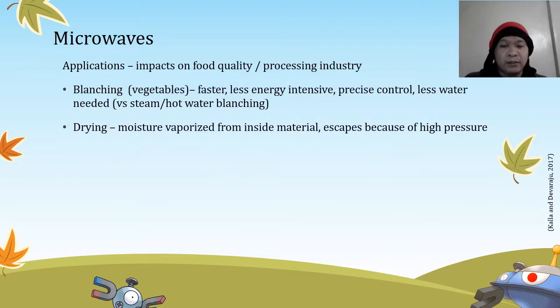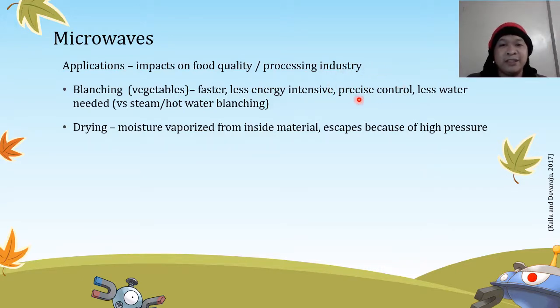The other examples include microwave blanching, such as in vegetables, which is a faster method that's less energy intensive. Because kung mataas yung rate ng pag-absorb ng microwave energy ng food mo, then you're wasting a lot less heat compared to say heating water over a pot and you lose half of the heat to the environment already.